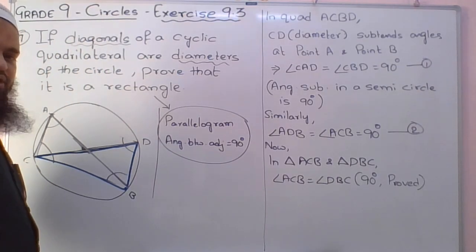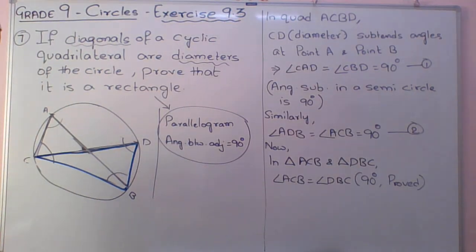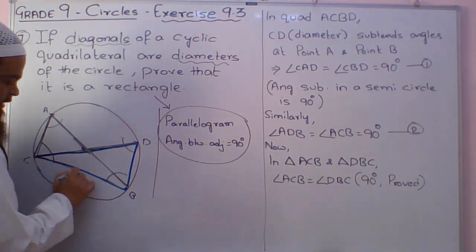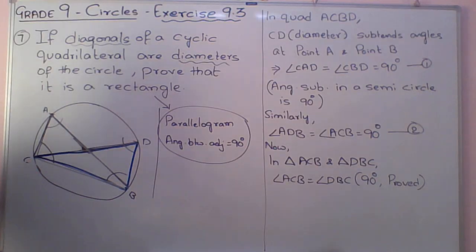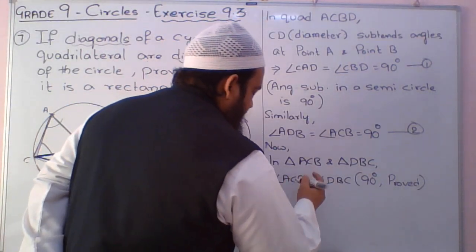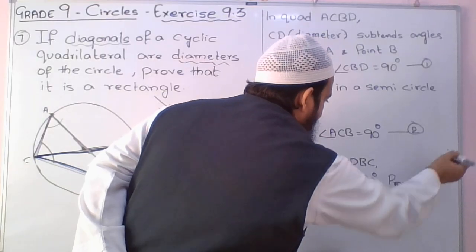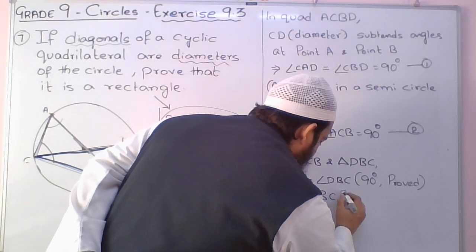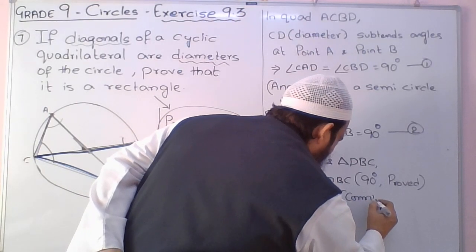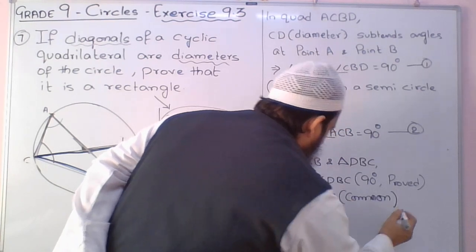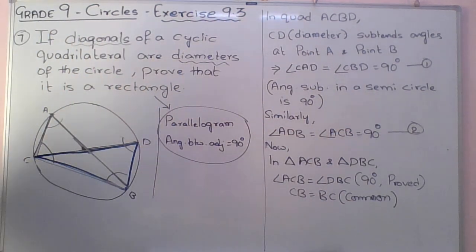After that, what are we supposed to prove? Is there anything common? Yes, BC is common. So in ACB it will be CB, and here it will be BC, and they are common. What is the third equal part?